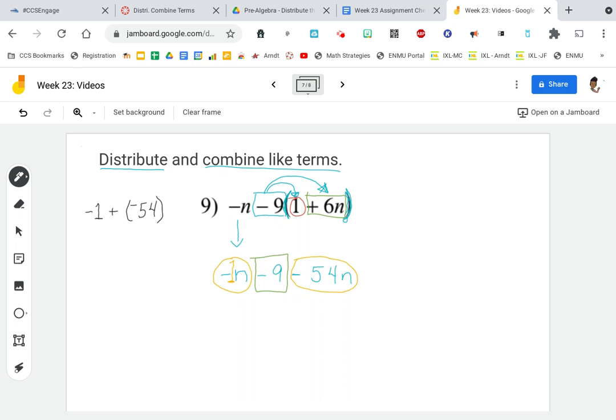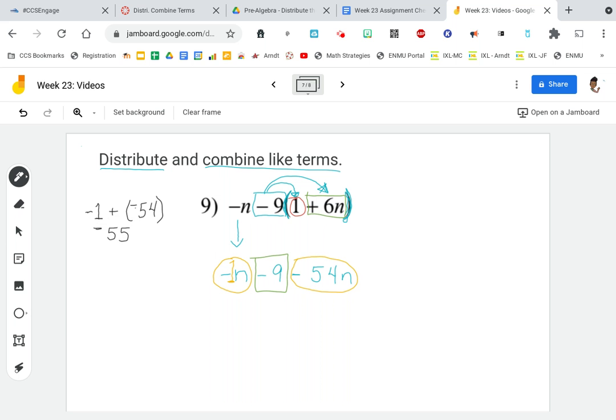My rules for adding two numbers with the same sign, one's negative, the other's negative, is to add their absolute values and keep the sign of both numbers. So 54 plus 1 is just 55. And since both numbers are negative, my answer is going to be negative as well.